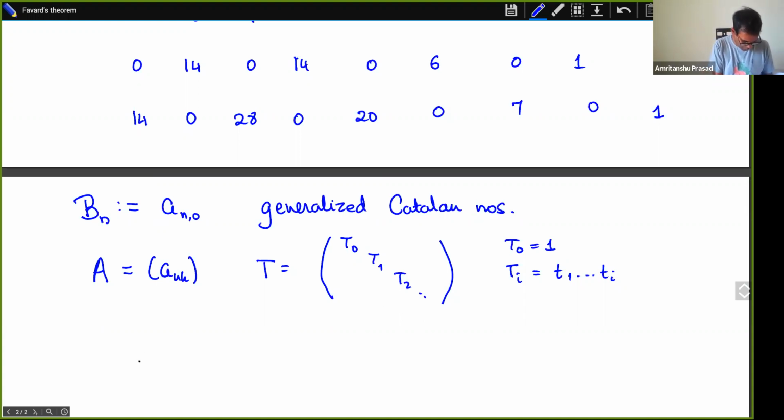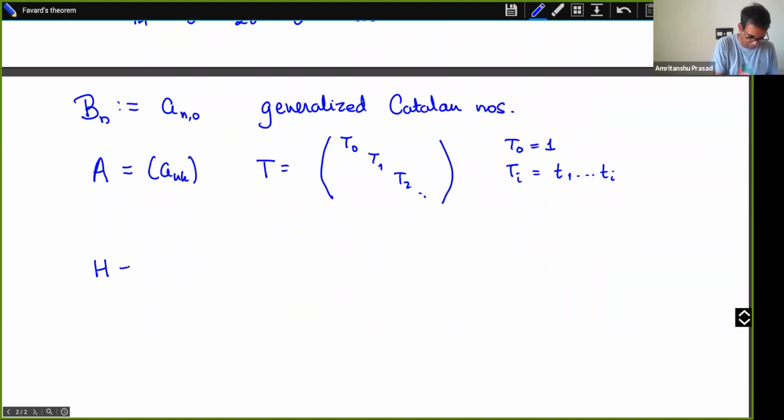So these are products of the T's. And H is the Hankel matrix, the matrix B0, B1, B1, and so on. This only depends on the Catalan numbers, and we'll see how these things carry over.